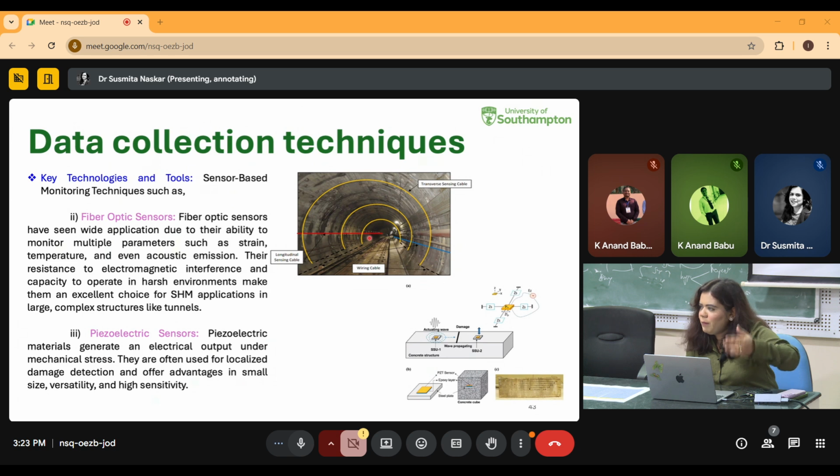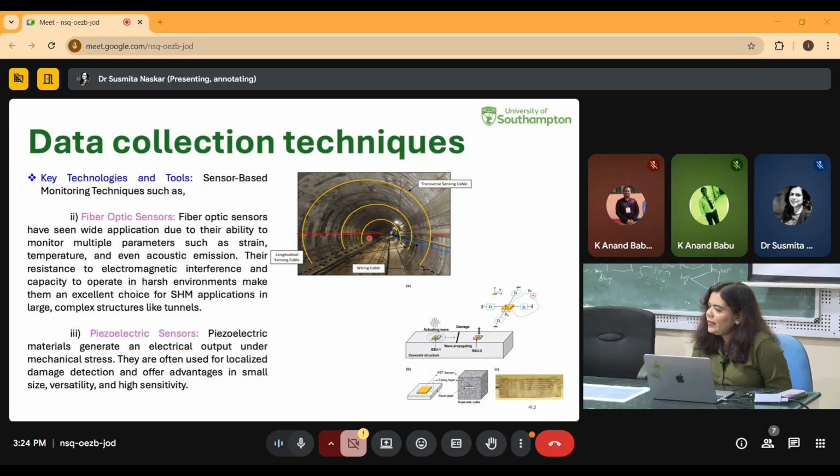That means you give some mechanical stress, you get an electrical output. They are often used to understand localized damage detection, they are very small in size, and they are very highly sensitive. They have a lot of versatility, and piezoelectric sensors can be embedded or surface mounted. That's generally how we use them to monitor stress waves and to identify damage early on.